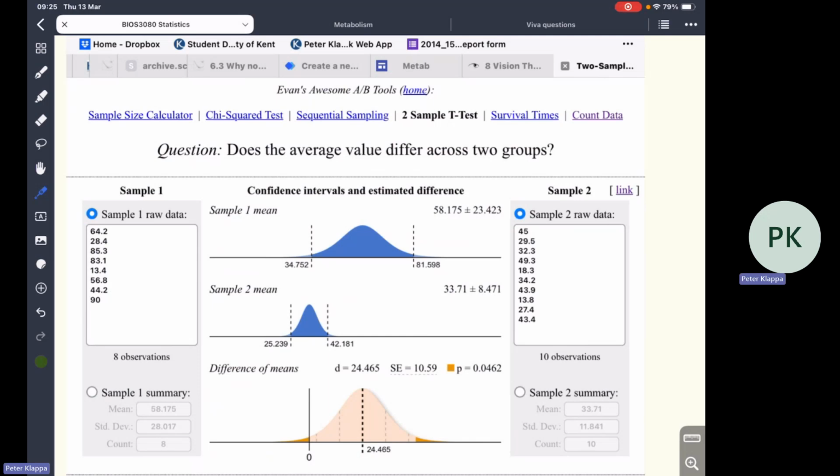It shows you even, which is incredibly useful, the margin of error for both samples, that is this plus minus.